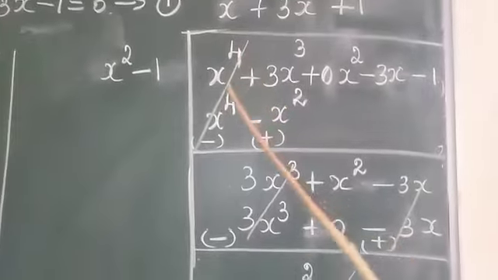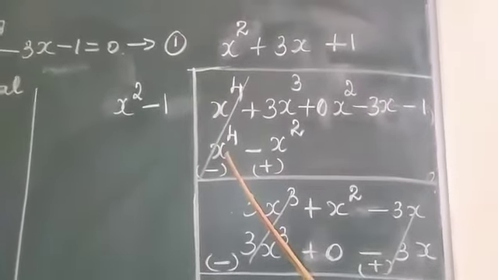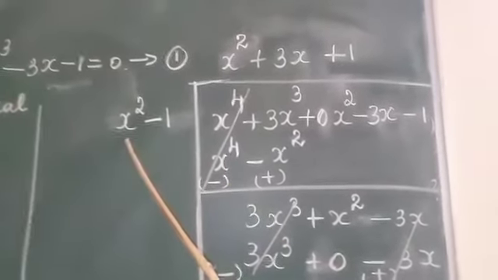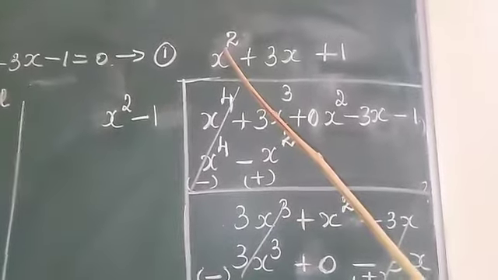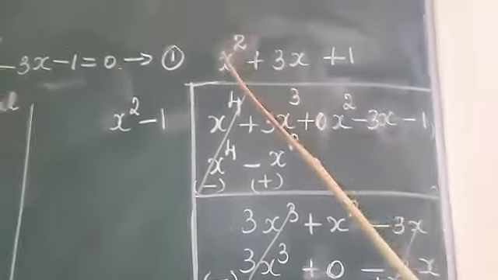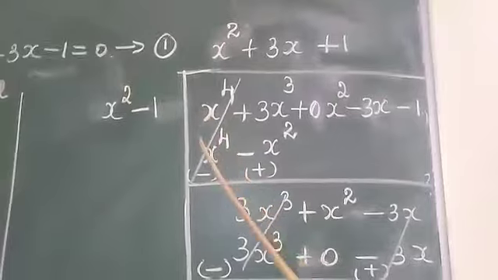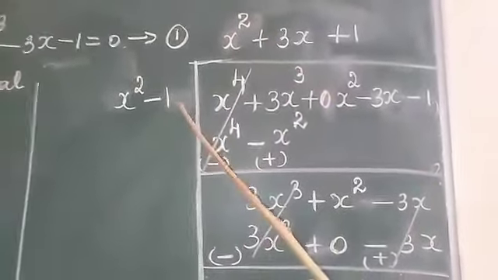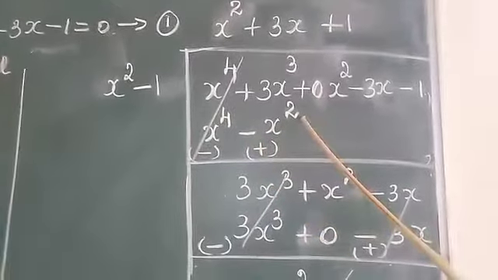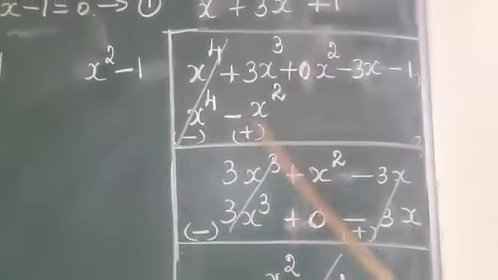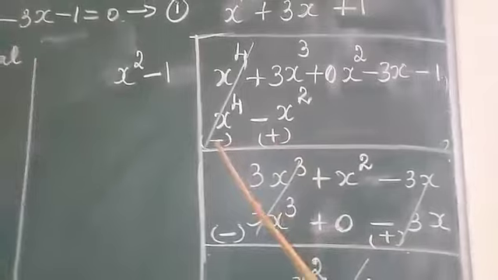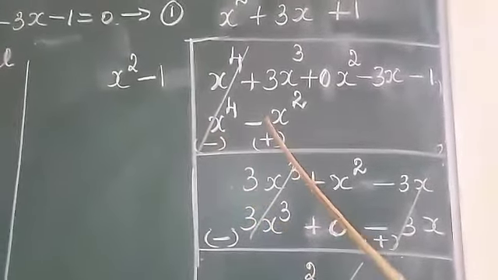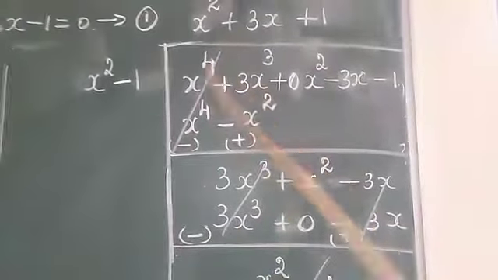Our aim is to get x power 4, so in the quotient you have to write x square. x square into x square becomes x power 4, and x square into minus 1 becomes minus x square. Now we change the signs of these: plus becomes minus, minus becomes plus. Now these two will be cancelled.